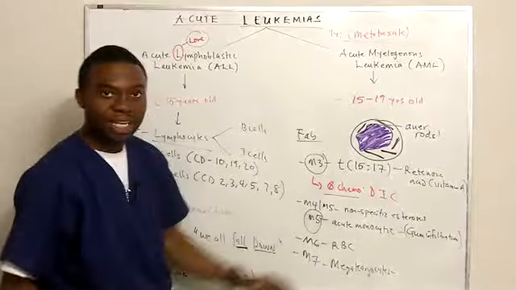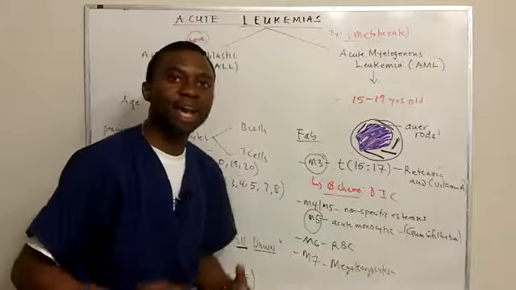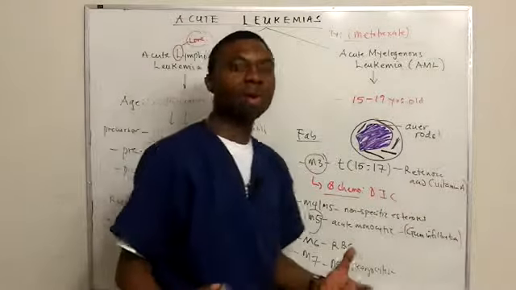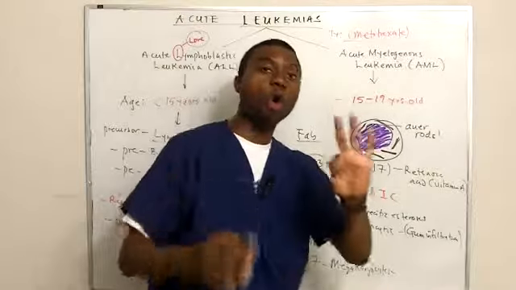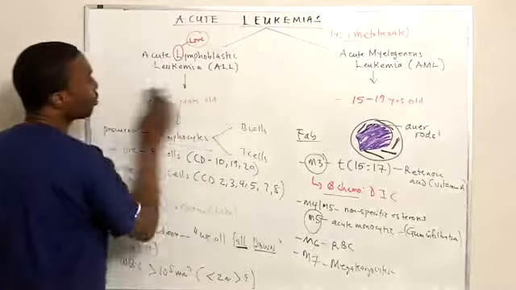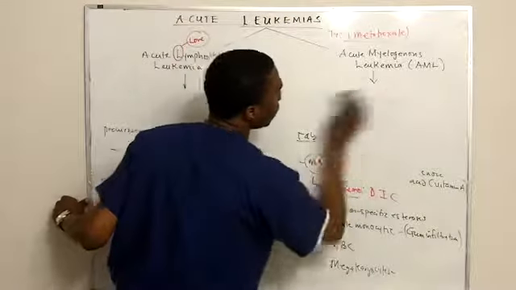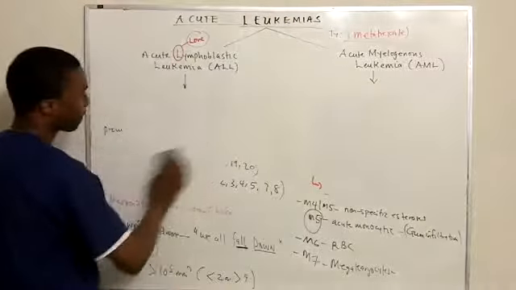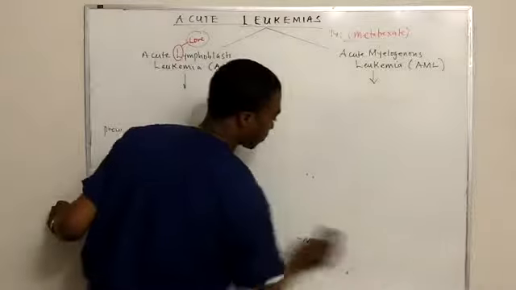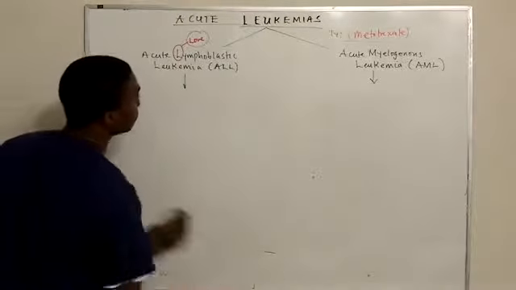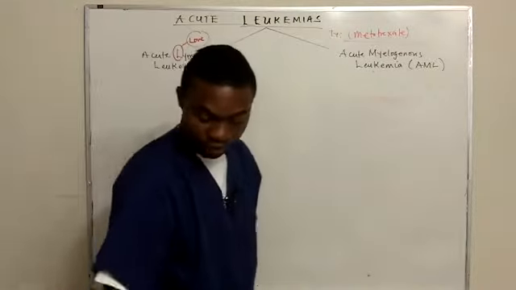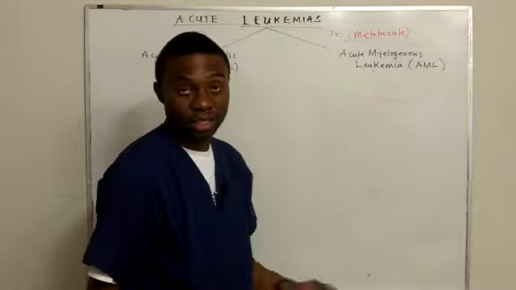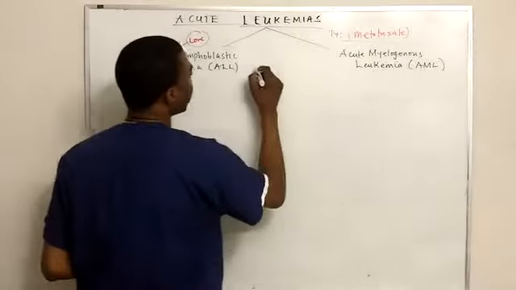Remember, these immature cells always affect the bone marrow. So if the bone marrow is affected, we're going to affect all three cell lines. So if all three cell lines are affected, we can easily break it down into three, right?